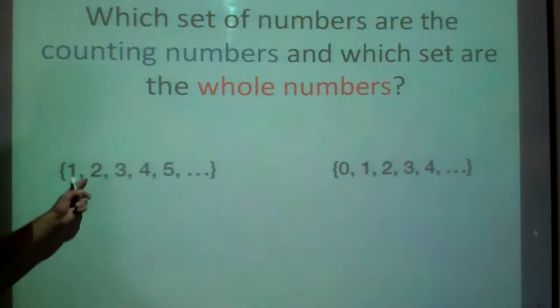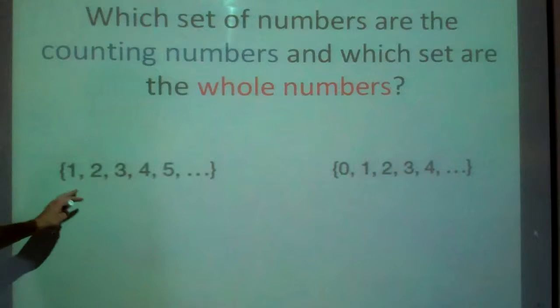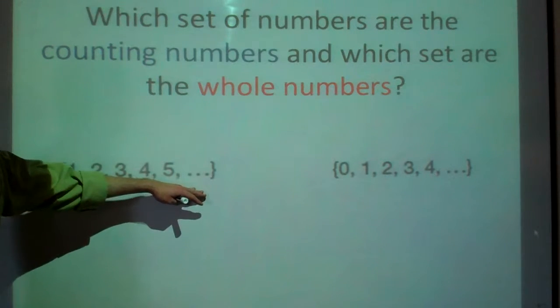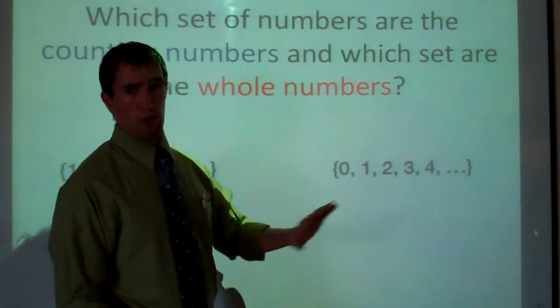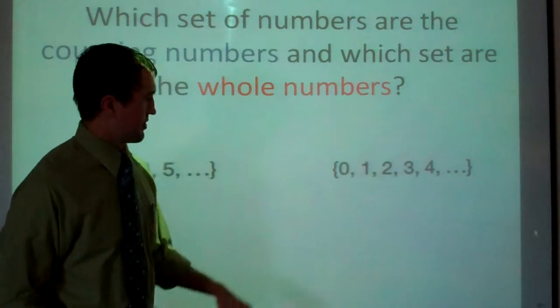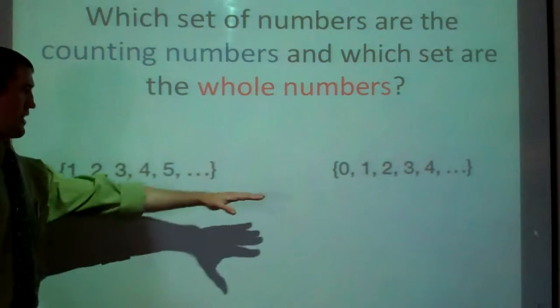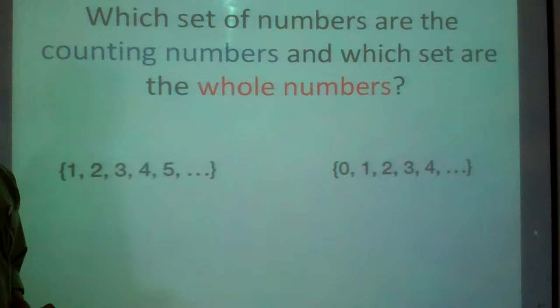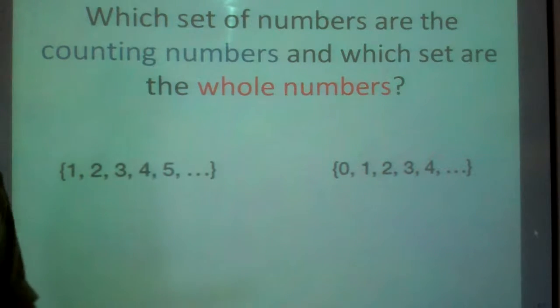So these are our counting numbers, because we start with 1 and it keeps going up in the positive direction all the way up into infinity. And whole numbers, the only difference is that it starts with 0 instead. So the only difference between these 2 sets is that whole numbers have a 0, counting numbers do not. That's the big idea there.